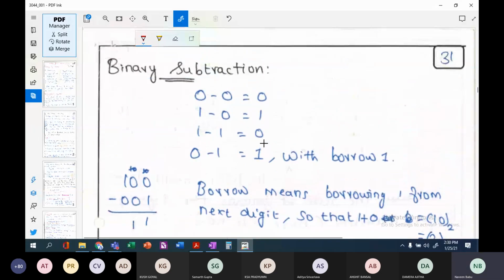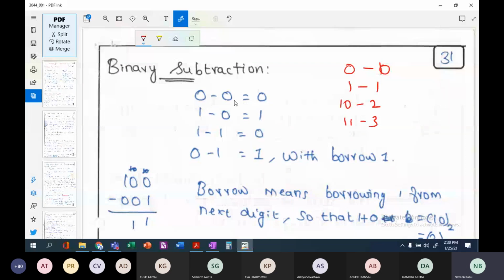Now, subtraction. How is subtraction represented? Always recall in terms of decimals: 0 is 0, 1 is 1, 10 is 2, 11 is 3. Always remember this so that it will be easy for you.